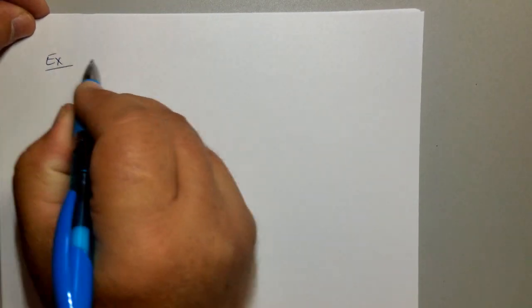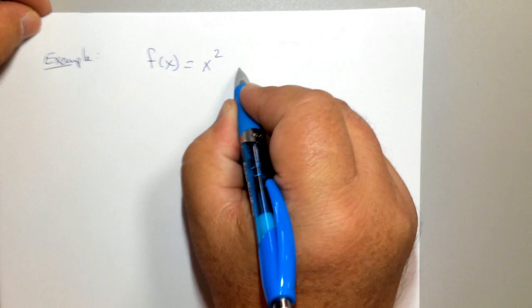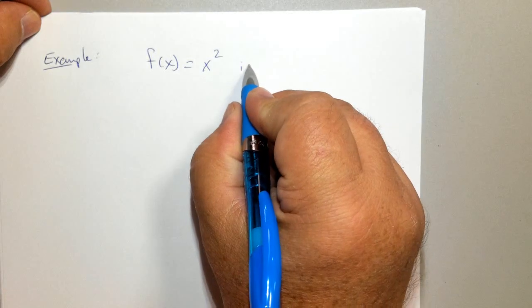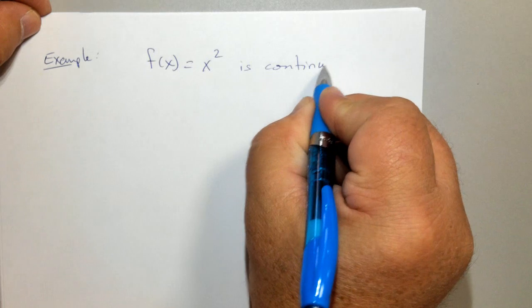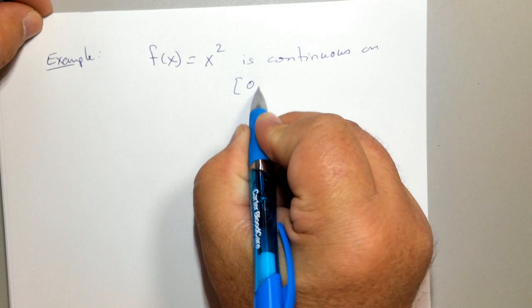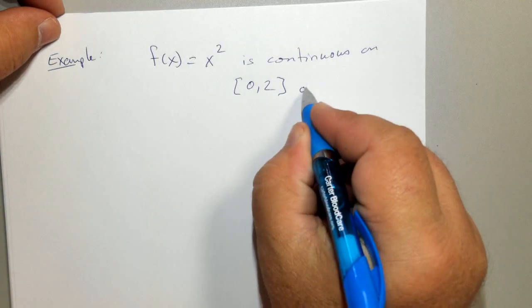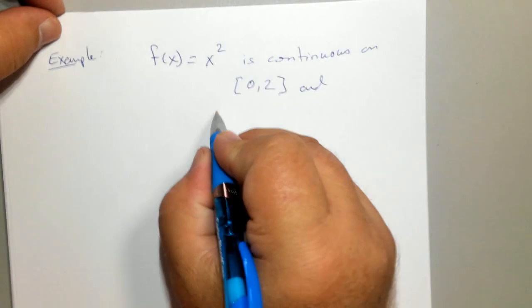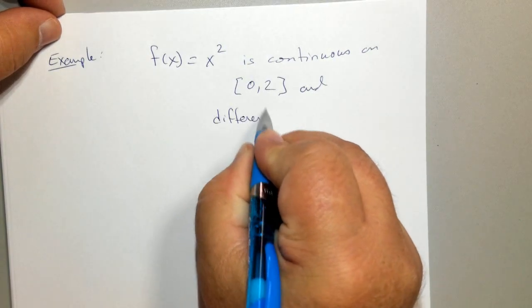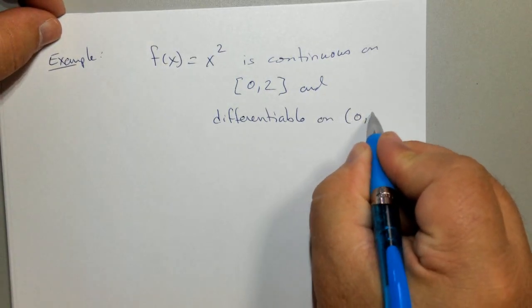Let's look at an example. F of x equals x squared is continuous on the closed interval 0, 2, and differentiable on the open interval 0, 2.